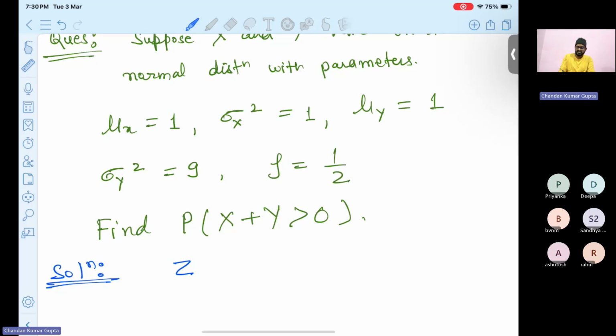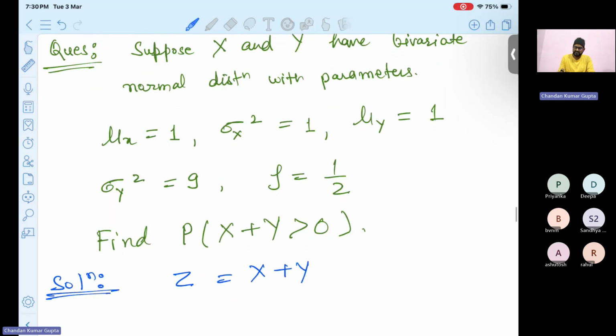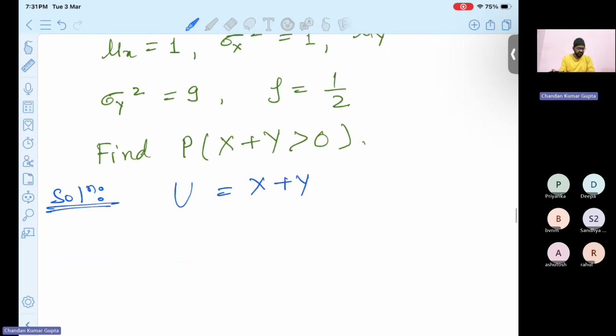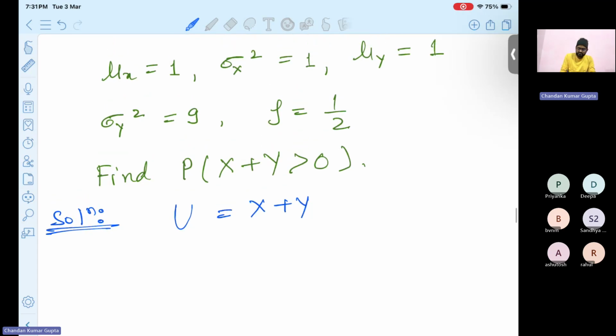Let's set u as x plus y. Sorry, u, because z is used in another term. You know that x is a normal random variable, and y is a normal random variable. We have transformed the random variable, which is the sum of the two normal random variables.